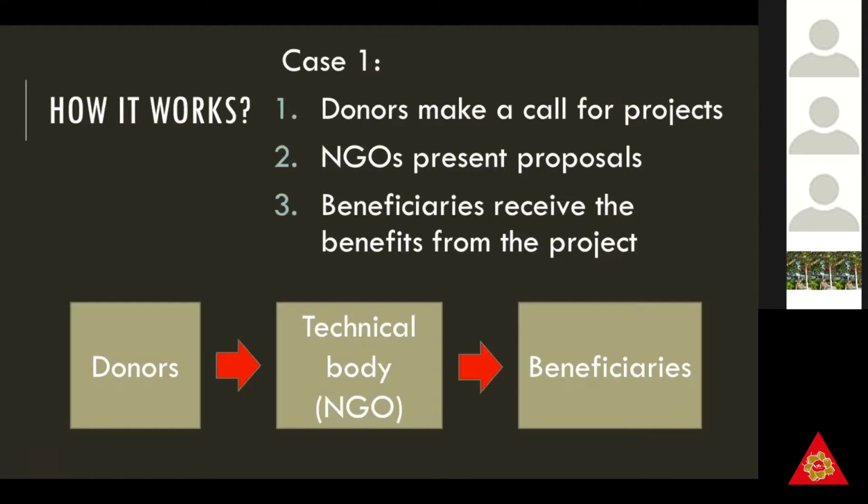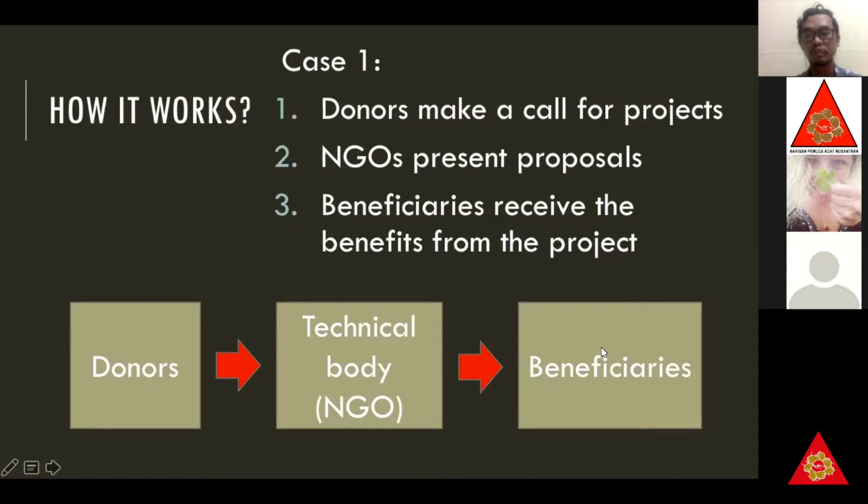Usually it's NGOs, non-governmental organizations, that make proposals. They make proposals to these donors. Donors look at the proposals and then give the money for the technical body to make the project, which will then be put in place for the beneficiaries. So that's like the most classical case.